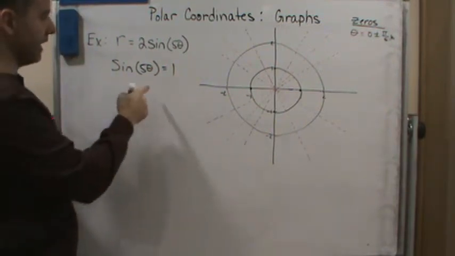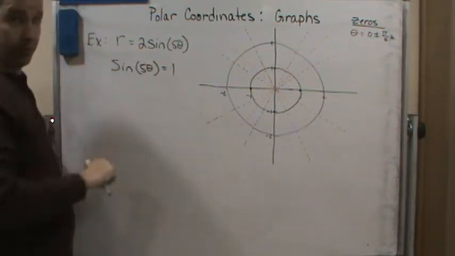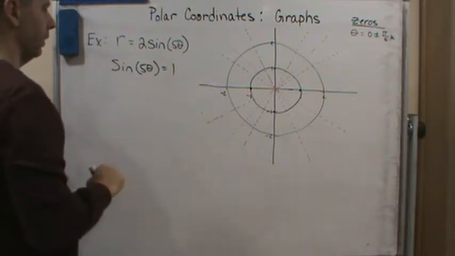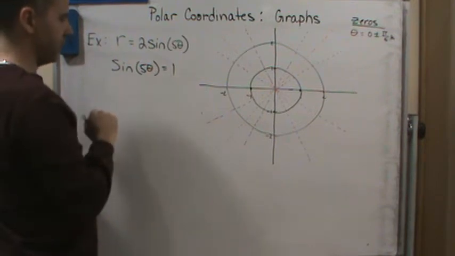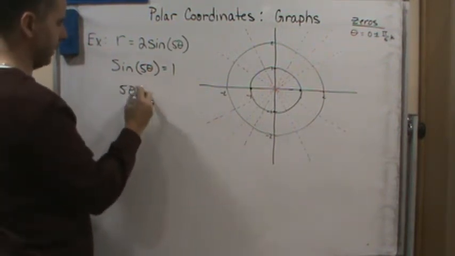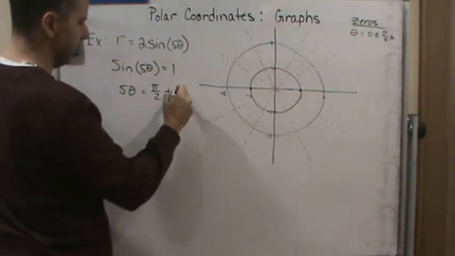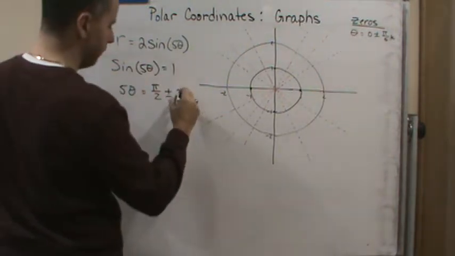We can find out where it's negative 1, where this is going to have a maximum negative radius. Okay, so let's think about that. So let's do 1. The maximum value of 1 is going to happen when 5 theta is equal to pi over 2 plus or minus some multiple of 2 pi.